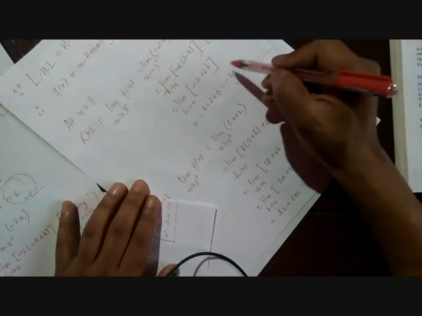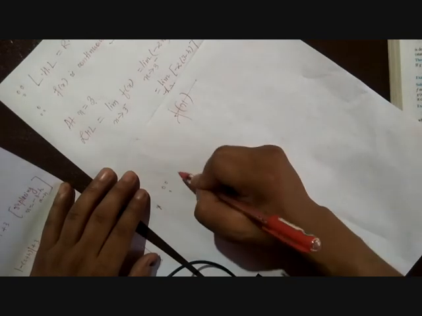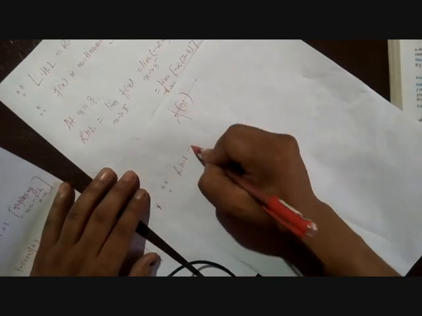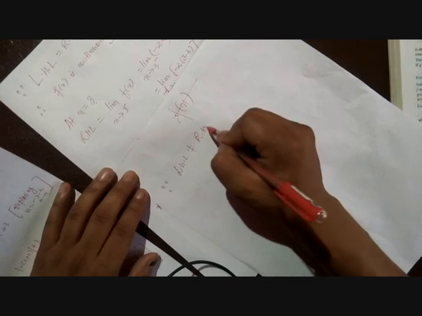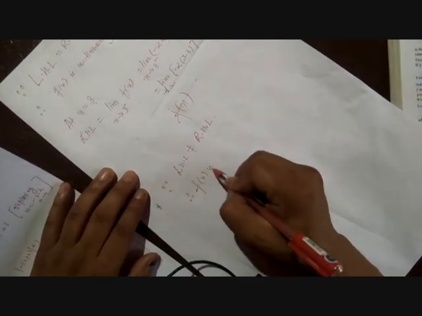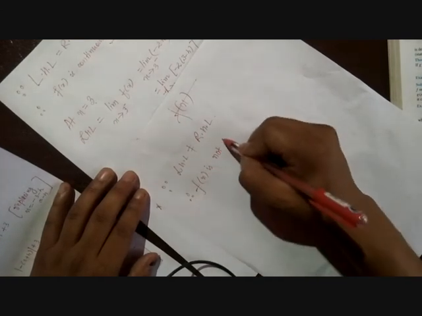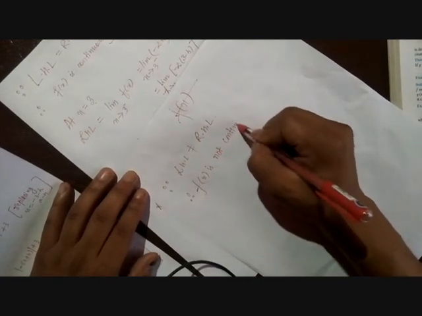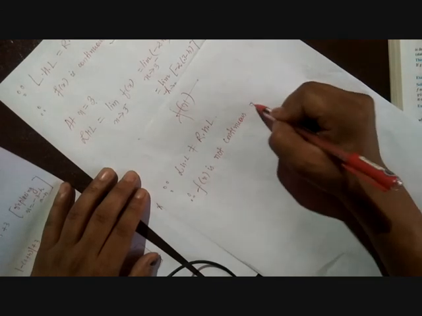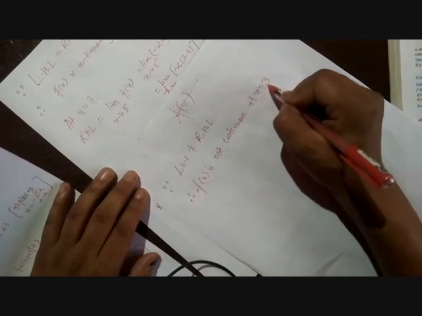20. Now see here, this left hand limit is minus 6, your right hand limit is 20. They are not equal. So what we can say here is, since left hand limit is not equal to right hand limit, therefore fx is not continuous at x equals to 3.